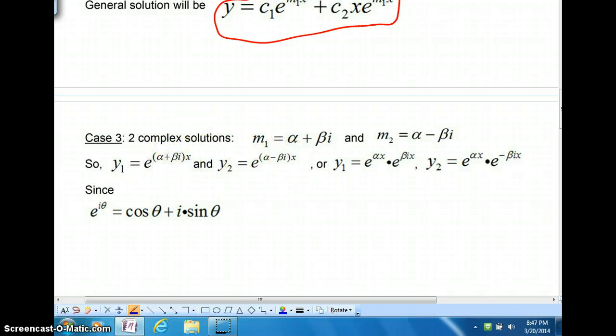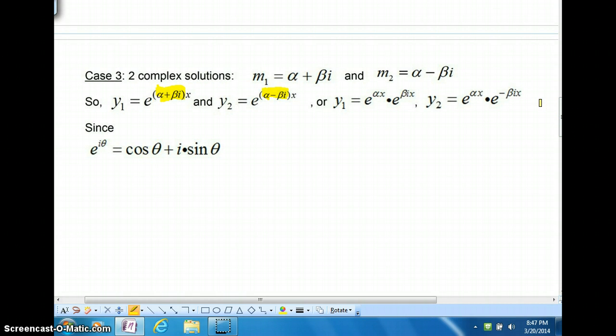So what seems intimidating at this point is the fact that our m's are complex numbers, and we look at that and think, wow, I could at least separate this as e to the alpha x times e to the beta ix and do the same thing for y2. But that imaginary component probably seems a little bit intimidating.